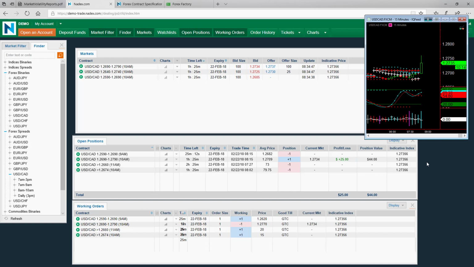And we get advance notice that the market's going to move because we know when the volatility reports are. So it's not like it's a secret. We know when this is going to move.